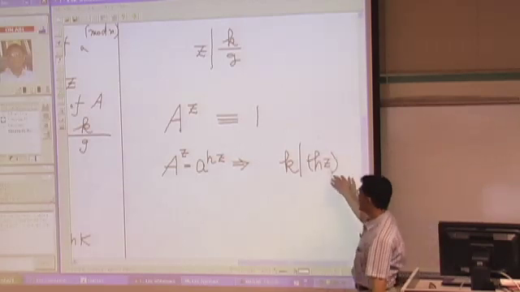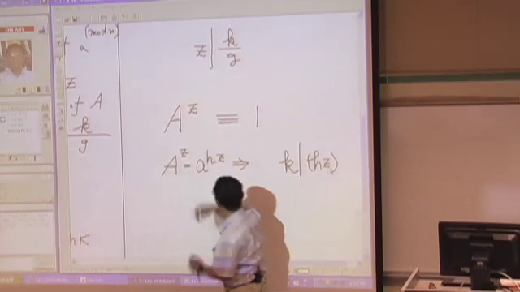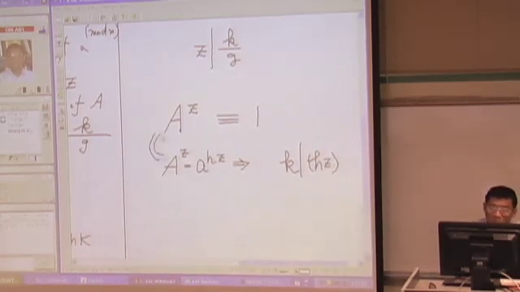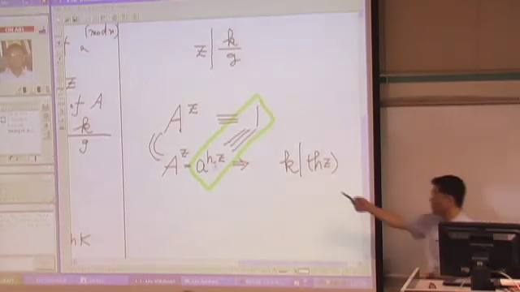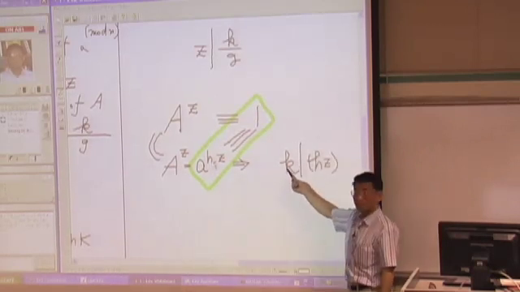If you don't see it, I will explain, because if this relation is satisfied, then this power h, right, this generic h, is divided by the order of a.